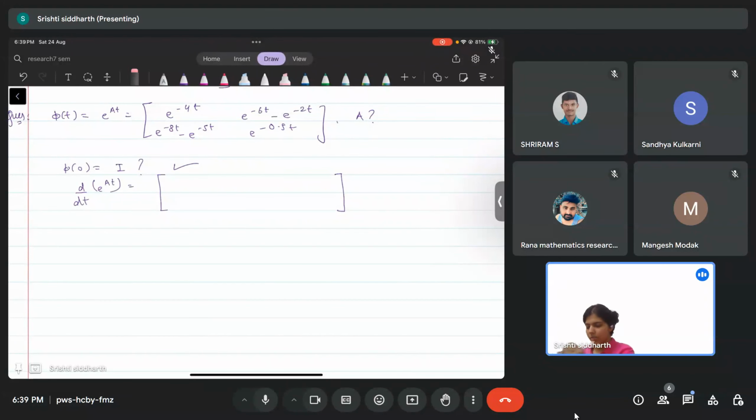So what's the first term? Minus 4 e to the power minus 4t.